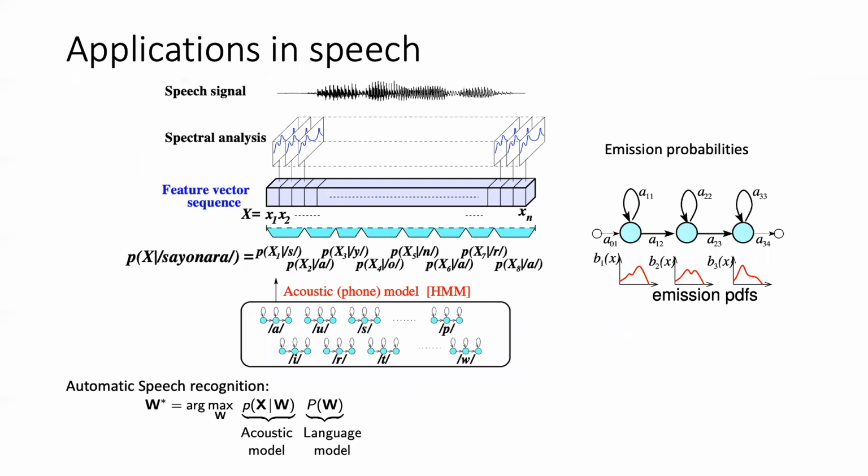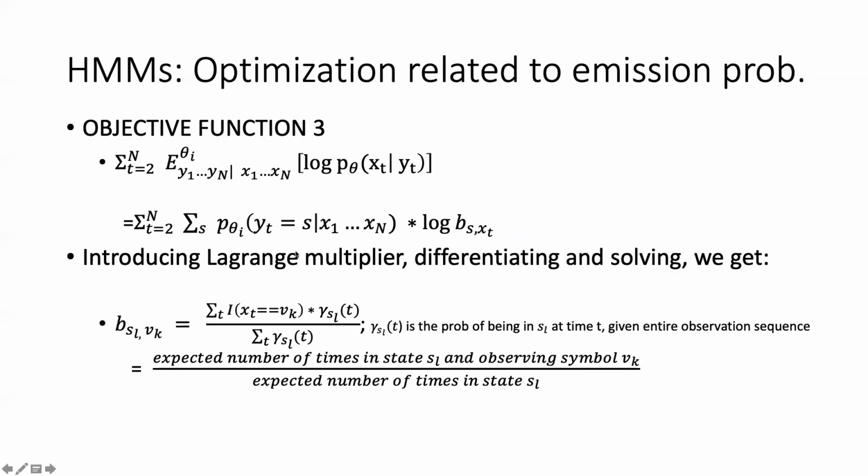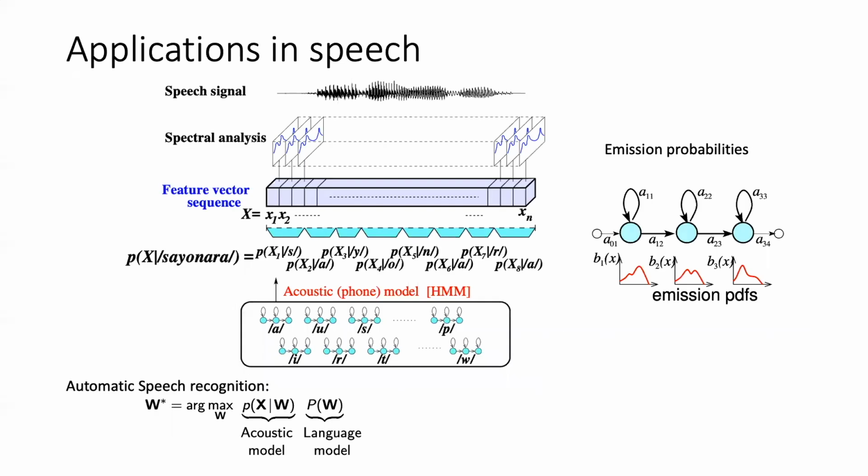So far, this is about estimating the parameters in HMM training using supervised and semi-supervised approaches. We considered the example of the POS, parts of speech tagging problem. We can also apply similar approaches in speech applications.